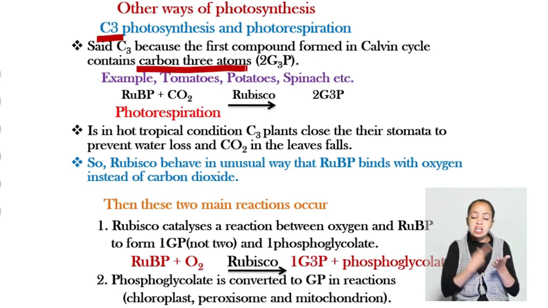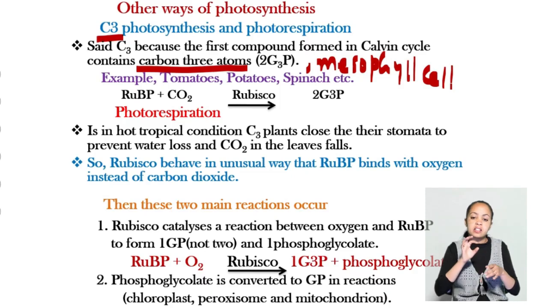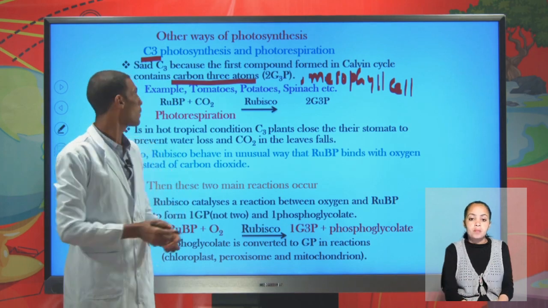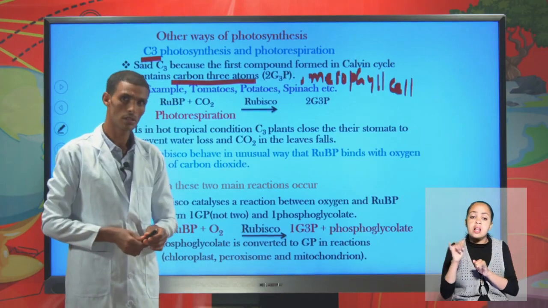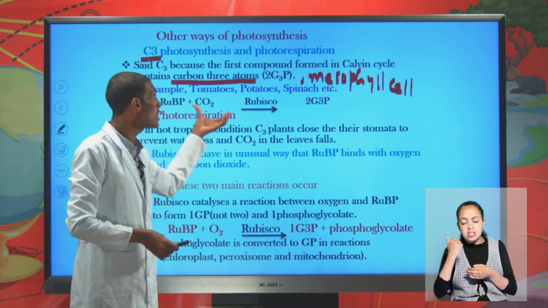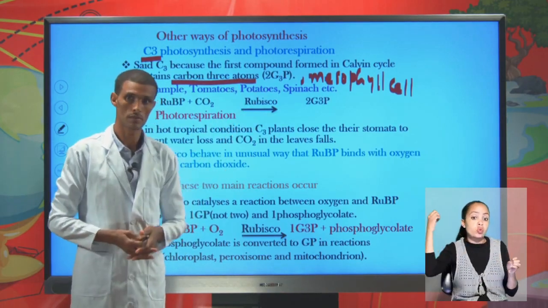Here, fixation of carbon dioxide takes place in the mesophyll cell. For example, plants like tomatoes, potatoes, spinach, and barley, totally broad-leaved plants, follow this type of photosynthesis.